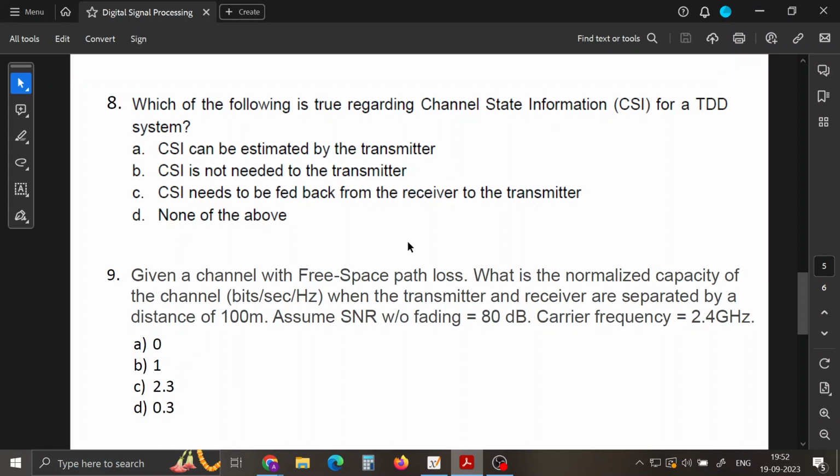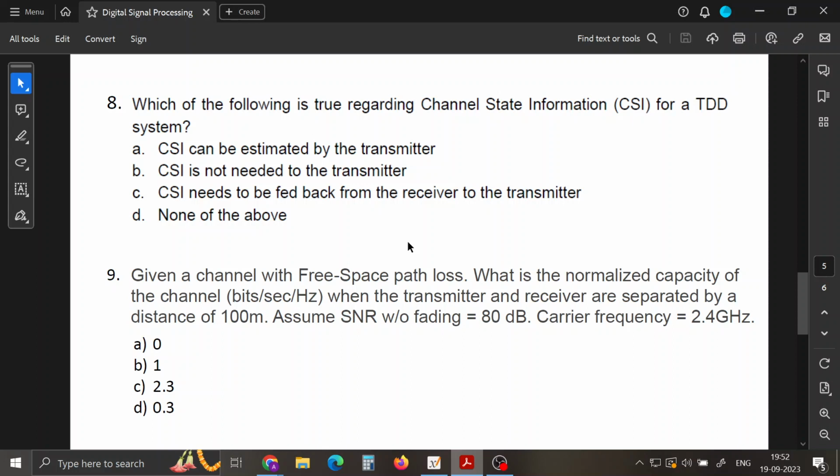So read the question. I hope the question is clear to you. We have a free space path loss model. The channel has free space path loss. We are asked to find the normalized capacity of the channel, and what is the unit? Bits per second per hertz, when the transmitter and receiver are at a distance of 100 meters apart.